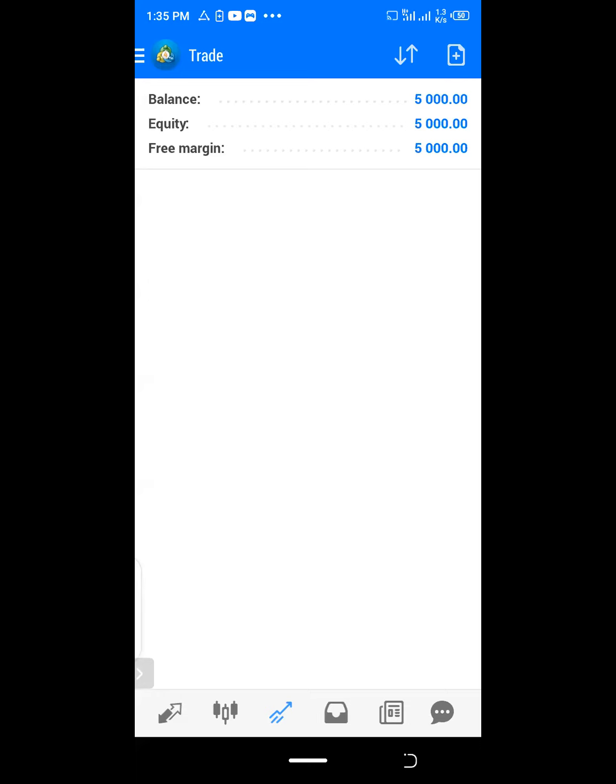Now on here you can see balance. The foreign exchange market is a general market. There's nothing like this one is the Nigerian market, this one is the United States market. This is a global market.